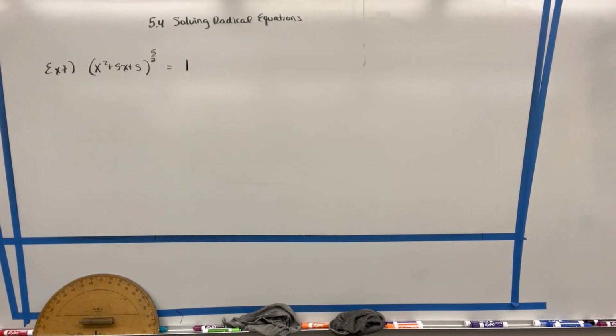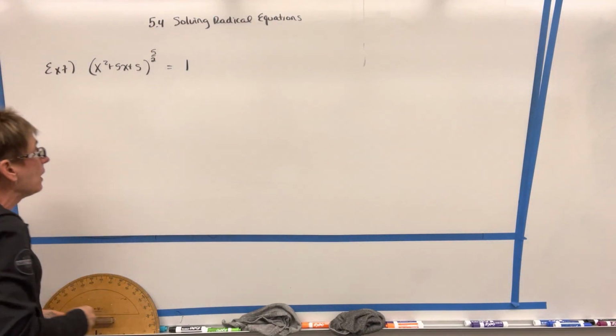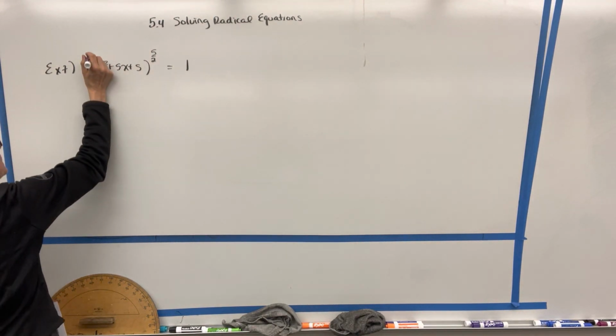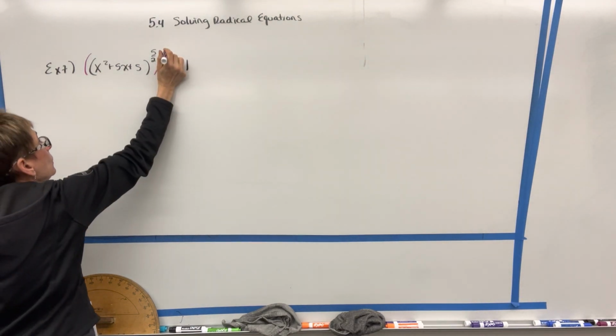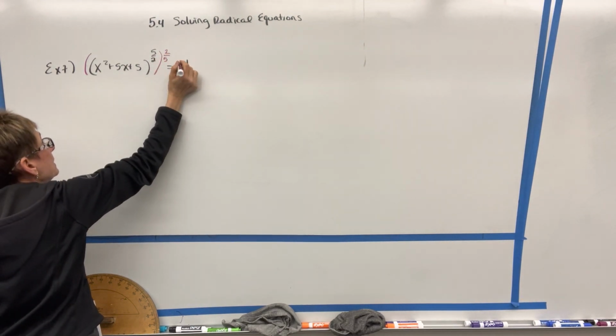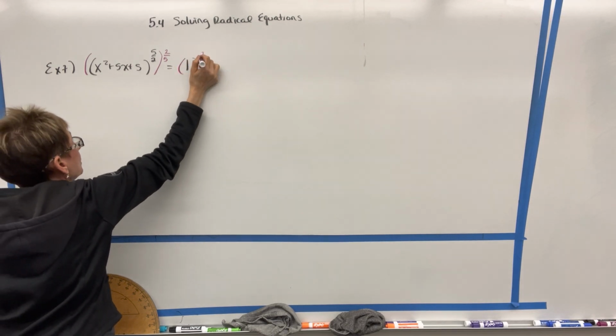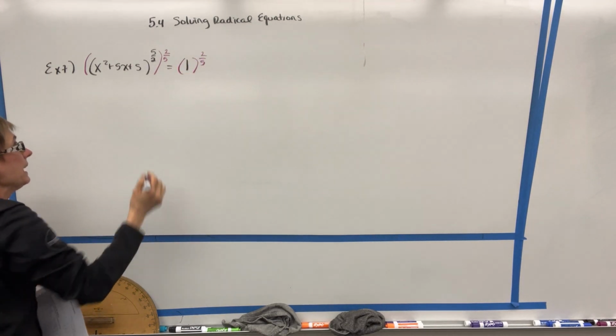Now we want to use the same basic strategy that we did in solving an equation with a radical. And that is that we want to raise both sides to a power that will make this rational exponent become an integer exponent. We're going to do that by raising it to a power that is a reciprocal of what we originally had.